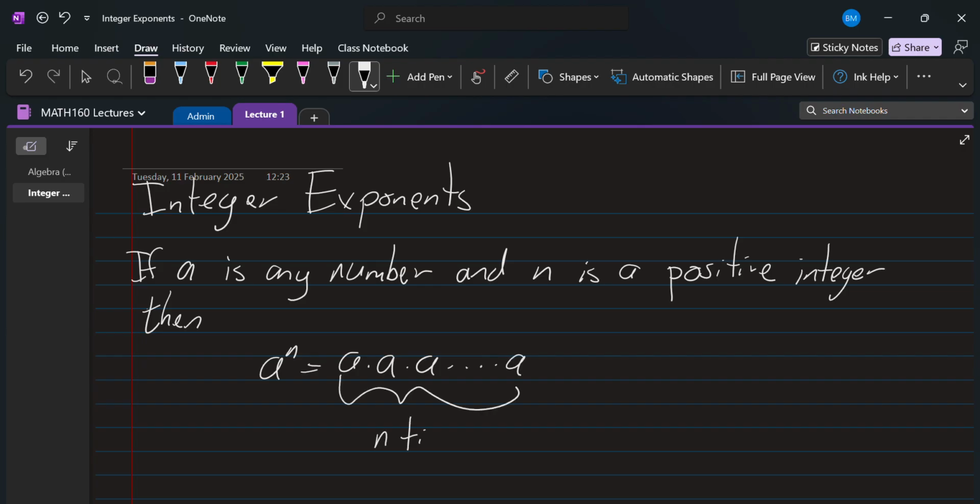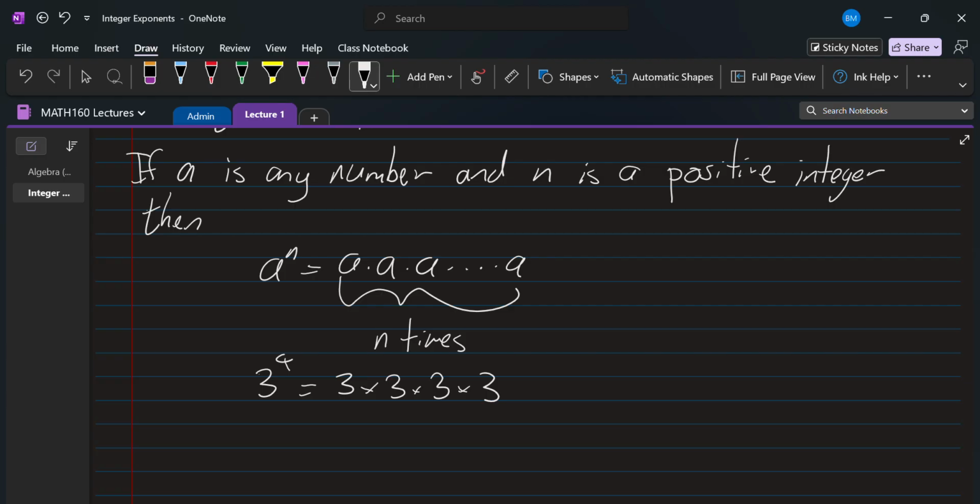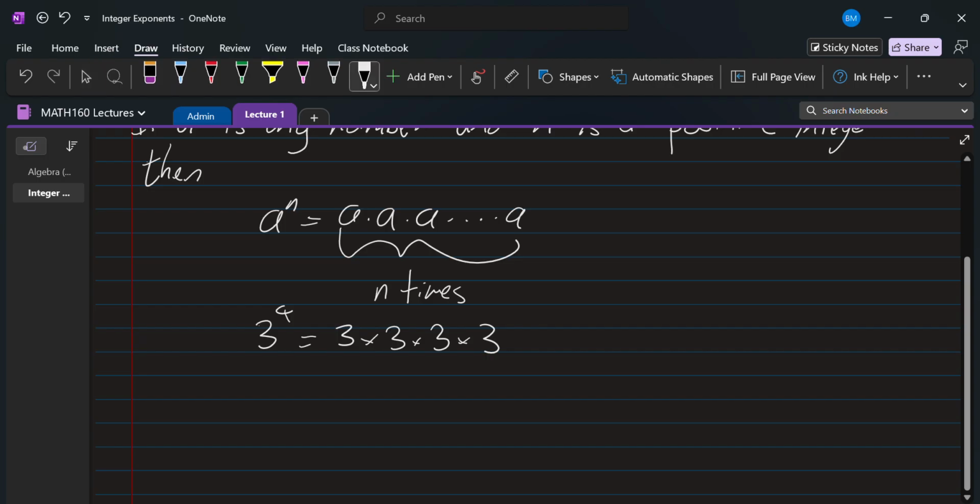This is just a times a times a, n times. Everyone should know that, but we'll go through it as revision. For example, if we have 3 to the 4, this is just 3 times 3 times 3, that's 3 of them, we need one more, that's 3 to the 4. I expect everyone to know that.